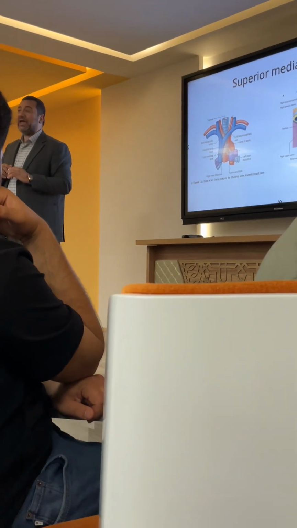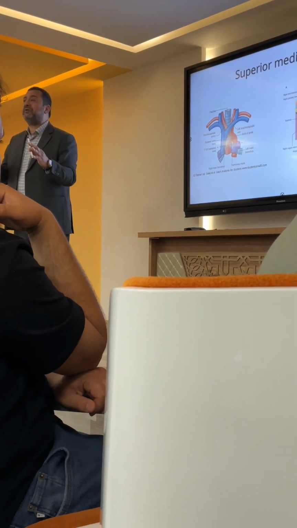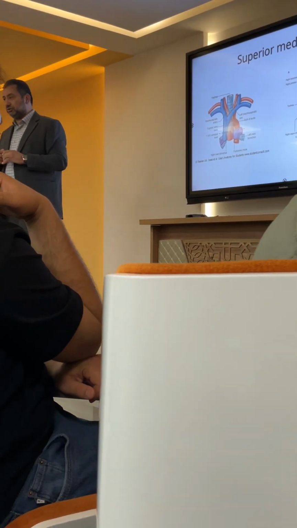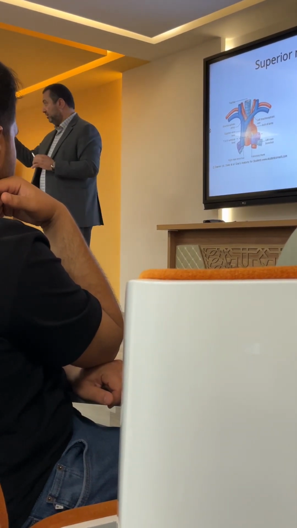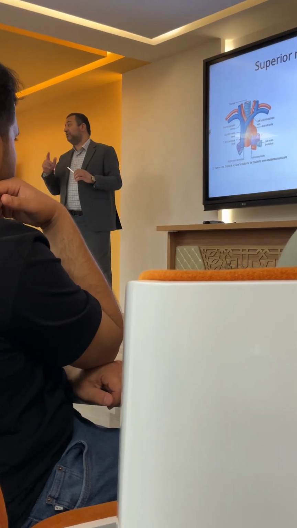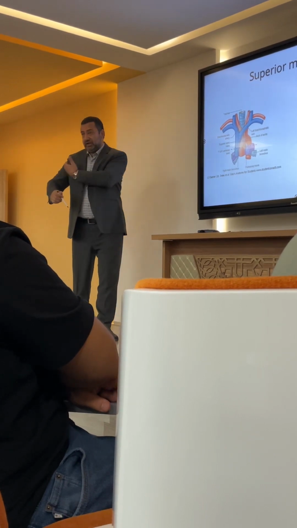And on the lateral border of the first rib on each side, the subclavian artery becomes the axillary artery in the axillary fossa.